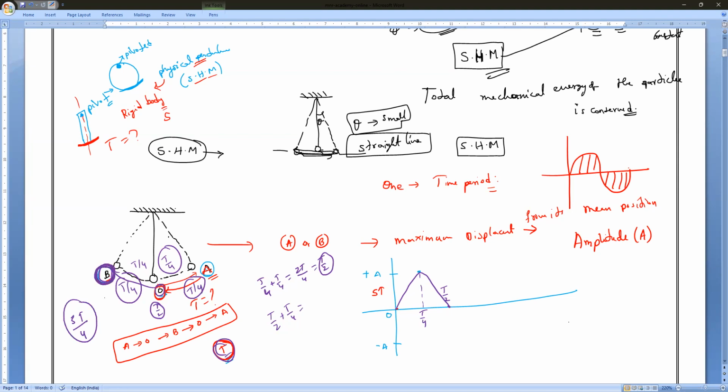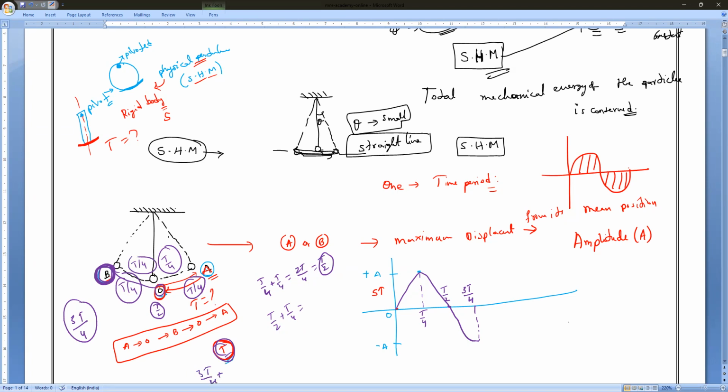B point. So when the Bob is at B point, what is the time period? 3T by 4.